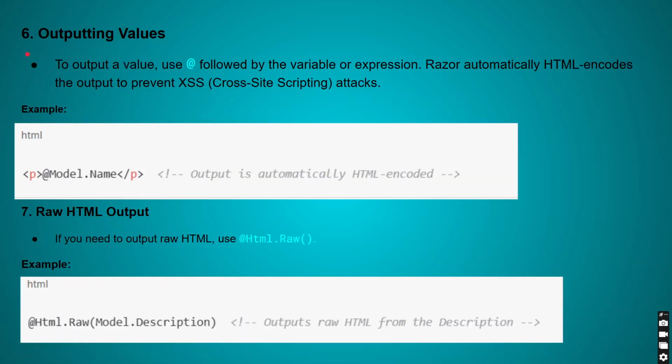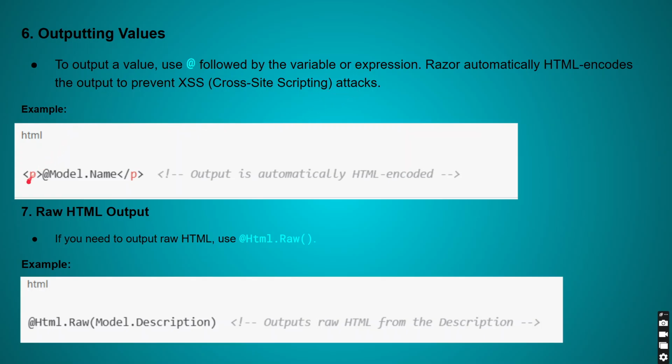The sixth point is outputting values. To output a value, use @ followed by the variable expression. Razor automatically HTML encodes the output to prevent cross-site scripting attacks.